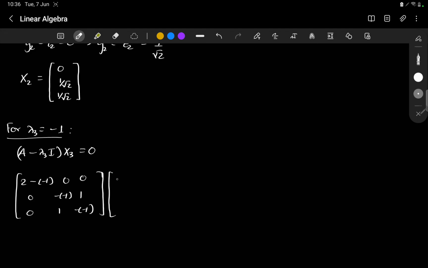For x3 we will take the components x3, y3, z3.